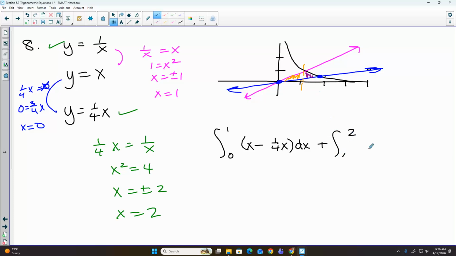Between 1 and 2, the top is my 1/x, and my 1/4 x is on the bottom. So that's why a good picture is so helpful here.